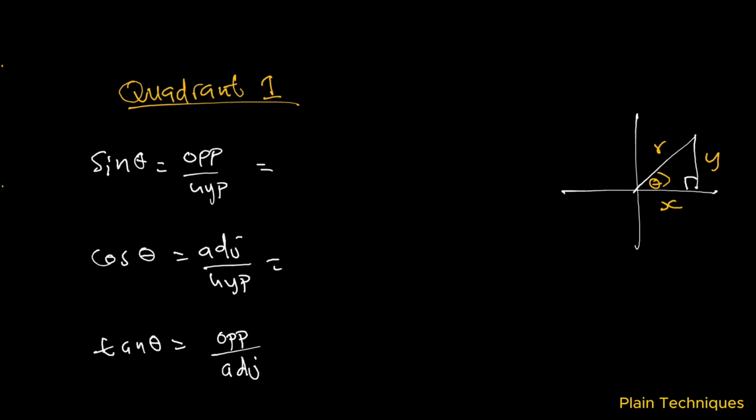Now, when you look at the triangle that I have, sine theta will be y over r, and then cos will be x over r, and therefore tan will be y over x. I've made a video about this. If you don't understand what I'm trying to say here, please go and watch it. I'll link it somewhere there.